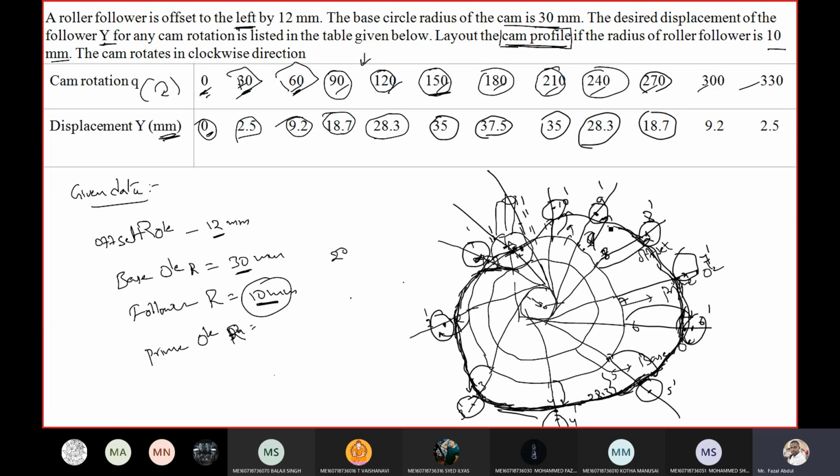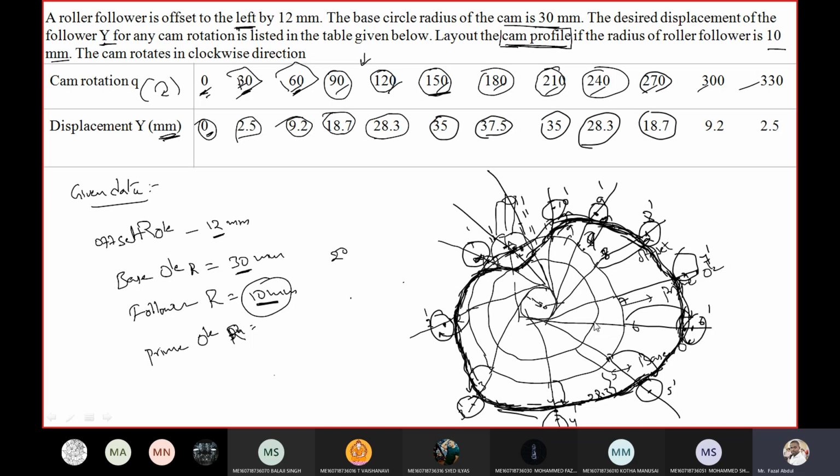Don't forget to show a dark line for the answer. In this diagram, which one is the answer? The darkened line is the main answer. So this is the procedure.